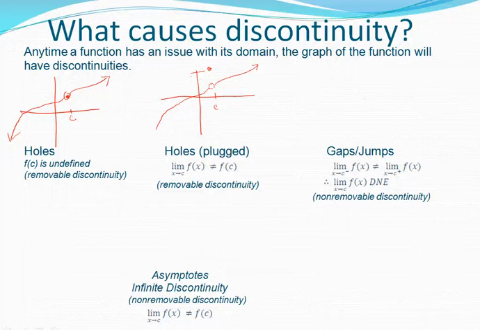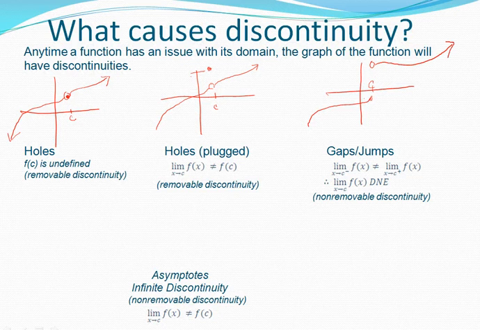Now, the third type of discontinuity is called gaps or jumps. If I'm looking at a graph and my function from the left approaches a particular y value for my value of c, and then at a different point has a different y value, I'm looking at two different limits.